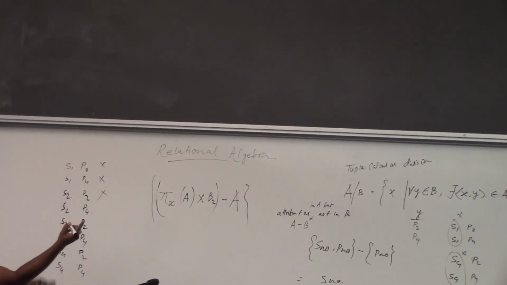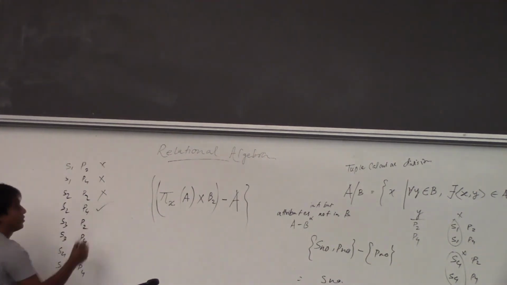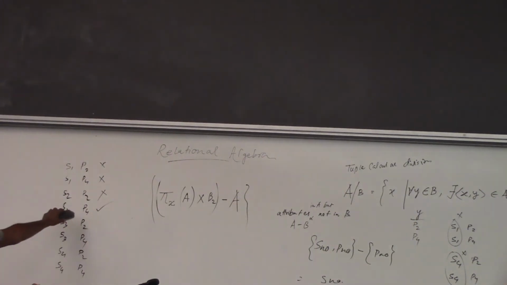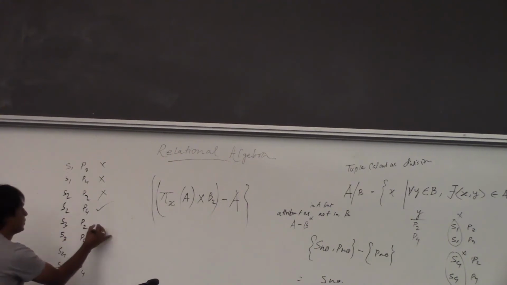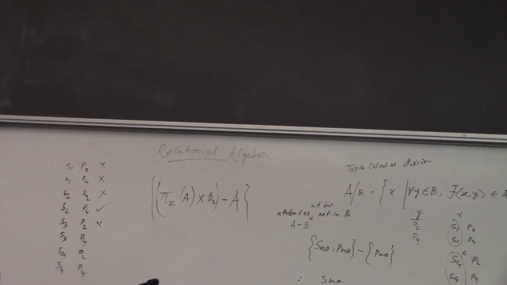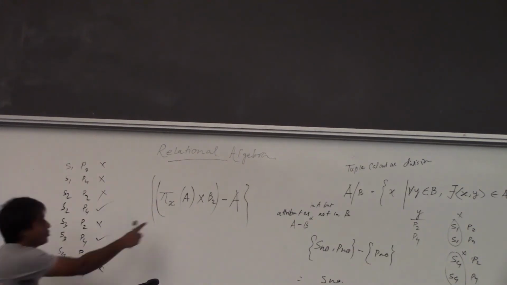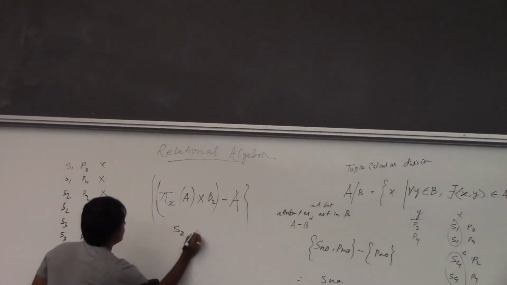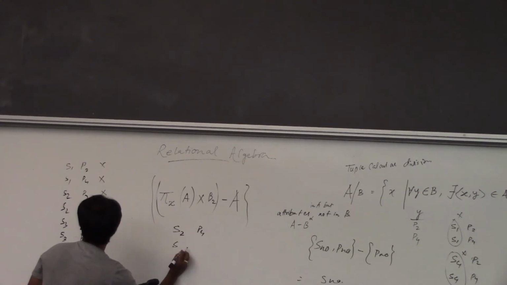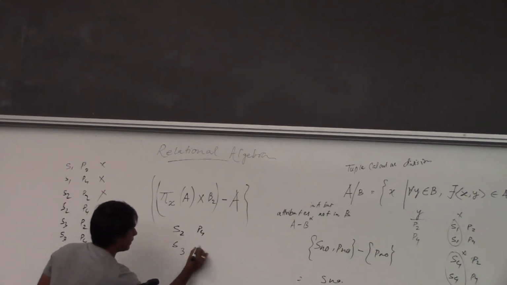And S2 P4 is not there, so it will still be valid over here, right? This row is still there. S3 P2 is there, S3 P4 is not there, so it will be here. S4 P4 is not there. You got it? So only two rows. So this result is S2 P4, S3 P4.